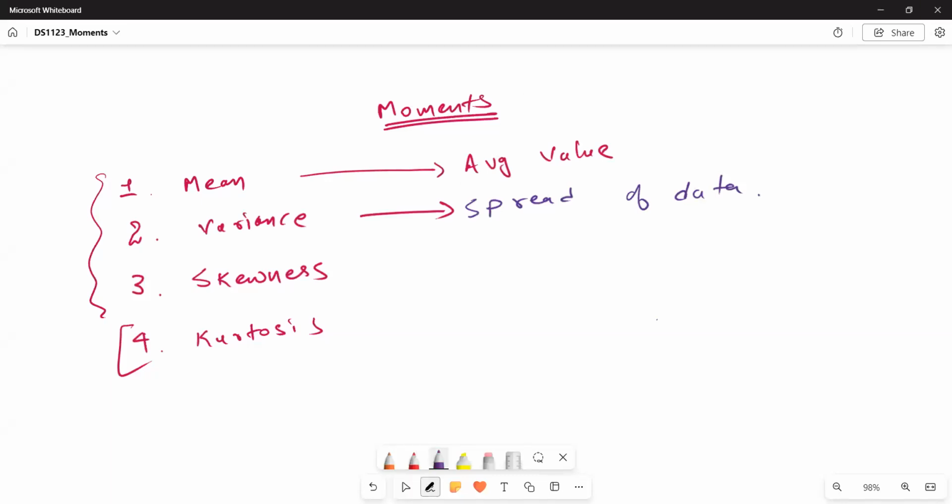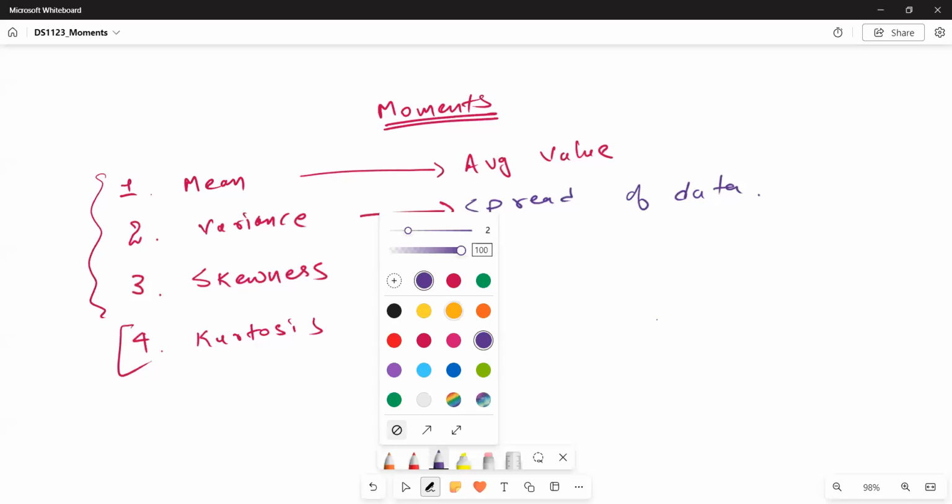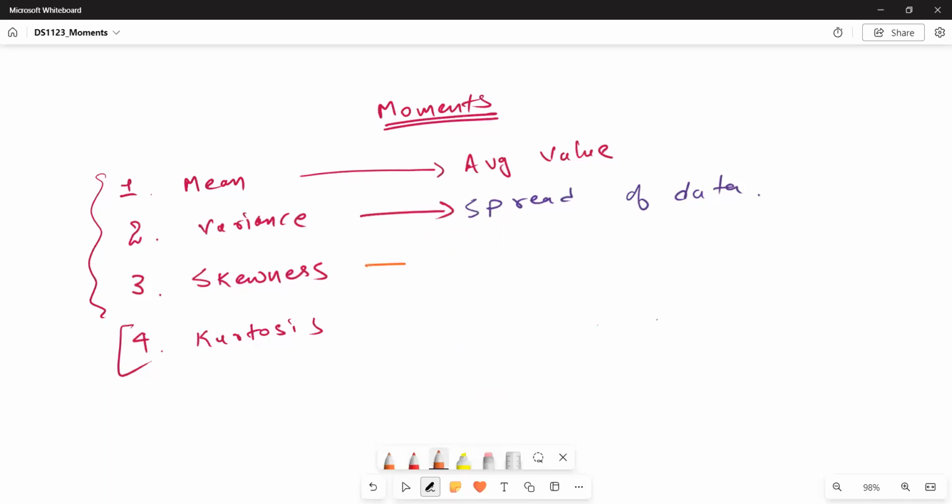Right? Now, talking about the third moment, it majorly indicates the amount of biasness the data has, right? So you can say it's the measure of biasedness, or we also call this tiltedness, right?